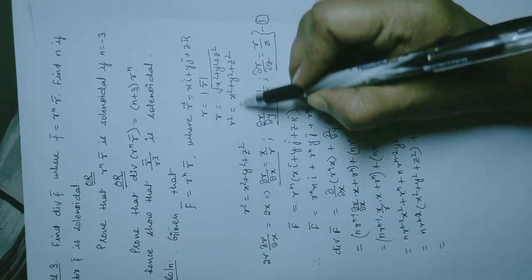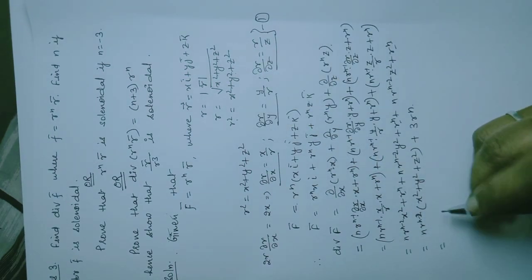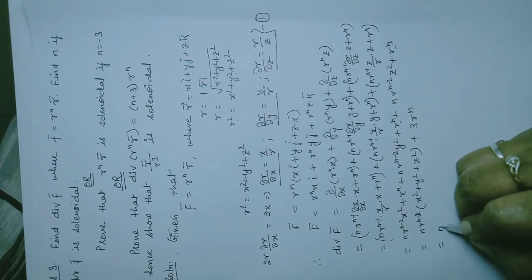Now what is the value of x² plus y² plus z²? That is r². So let's take that value.